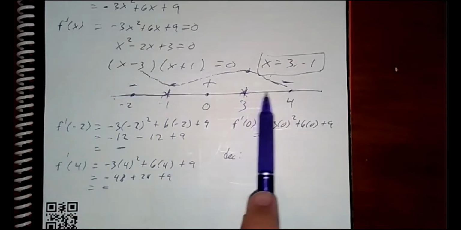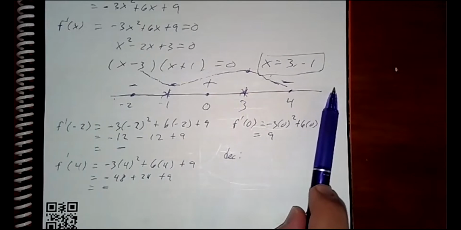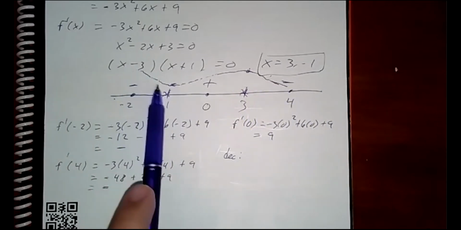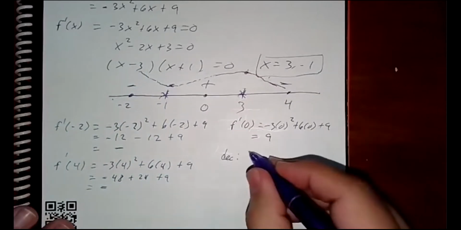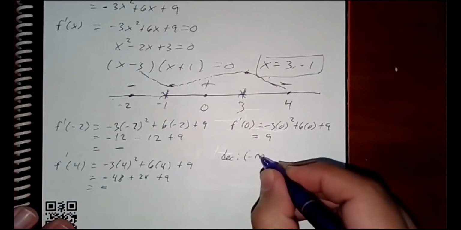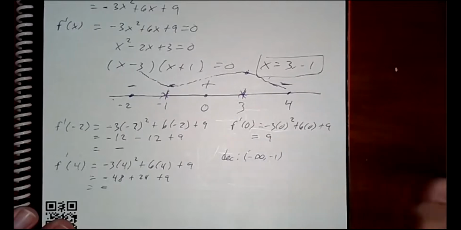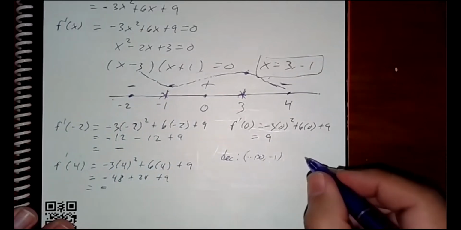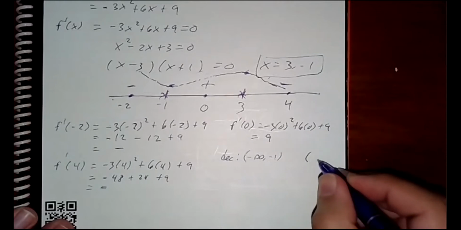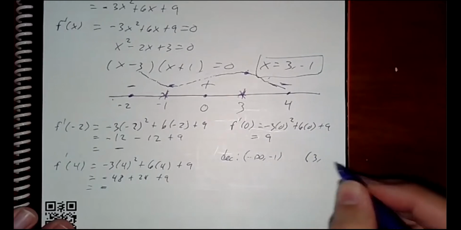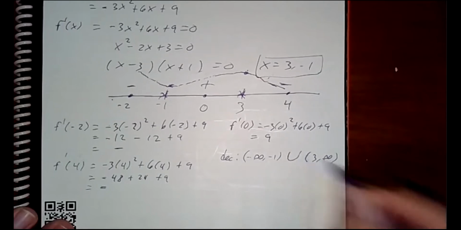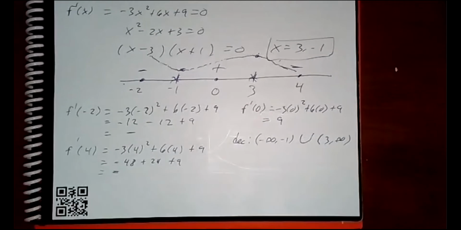And after 3. You see what I mean? We're going downward, going downward. So it'd be like -infinity to -1. And then we got that other one, 3 to infinity. So we're decreasing in 2 locations. You have to combine them with a union.